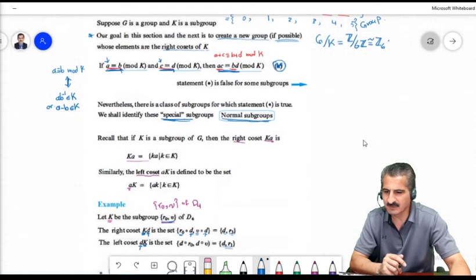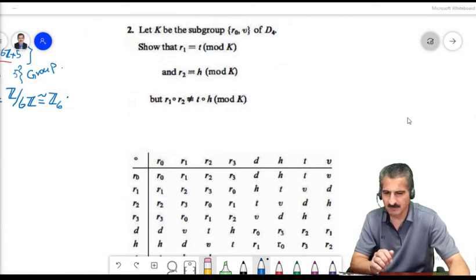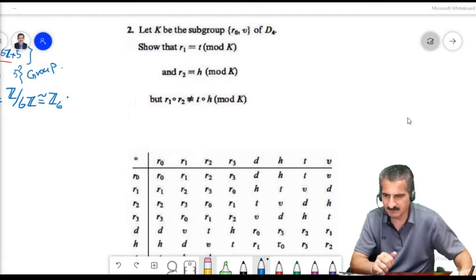Now I left something, I want to go back to it. We will see now that the property star does not necessarily hold, and here we are choosing K to be this subgroup of D4, the one we have already chosen.